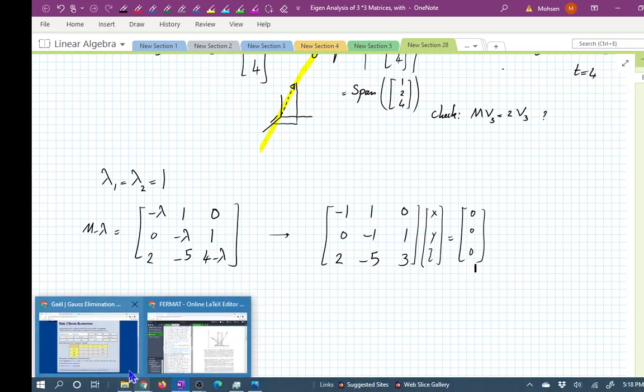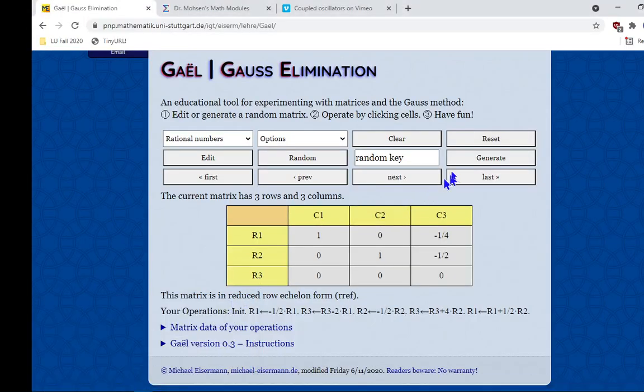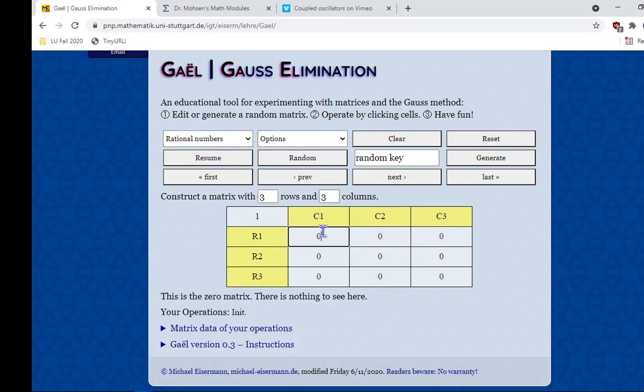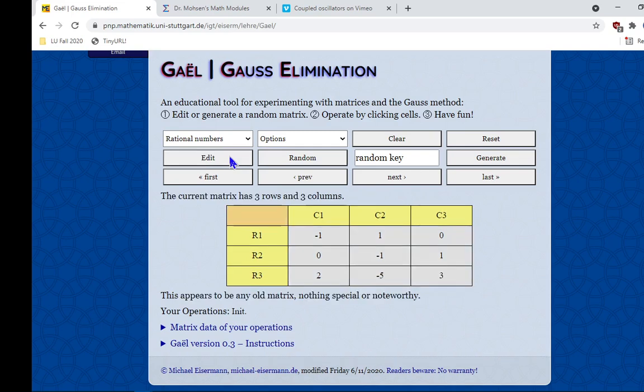Where were we? Yes, here. Let's do a reset, edit, start again. -1 1 0 0 -1 1 2 -5 3. Okay, resume.